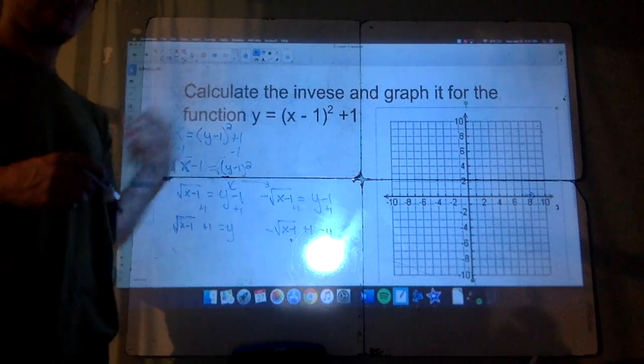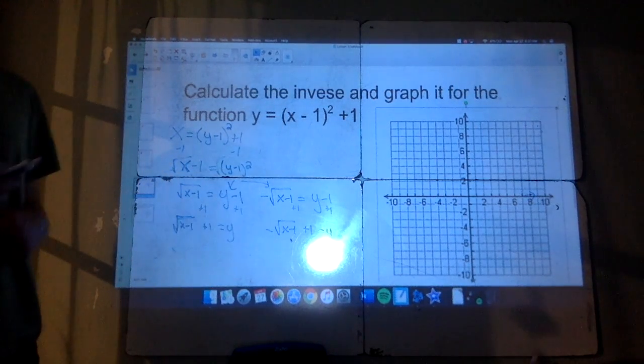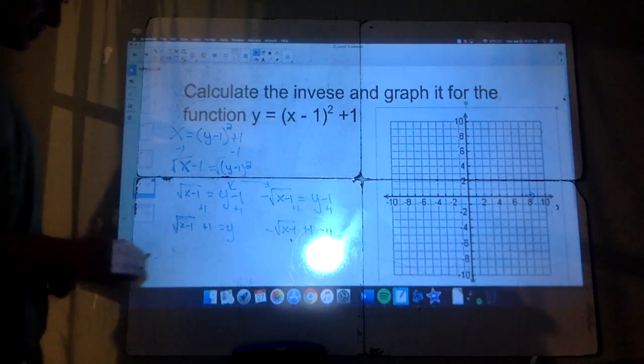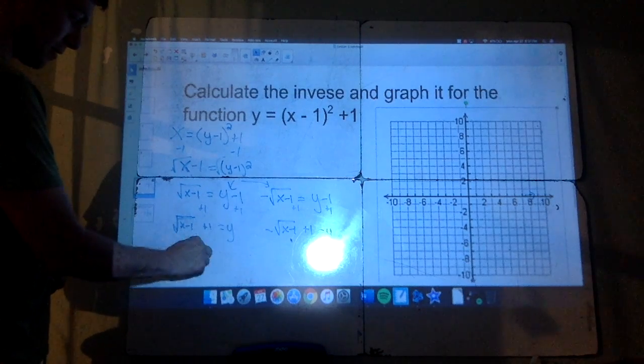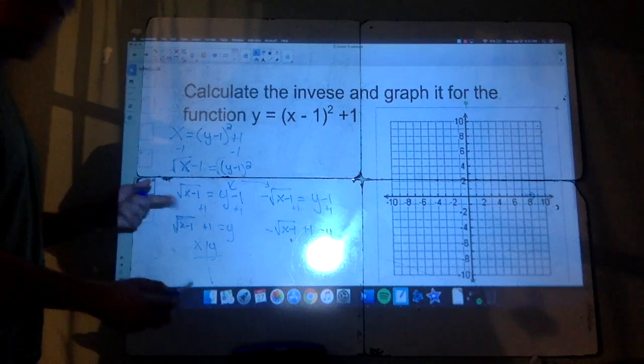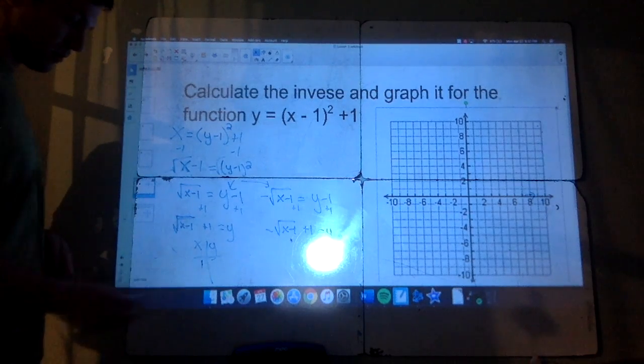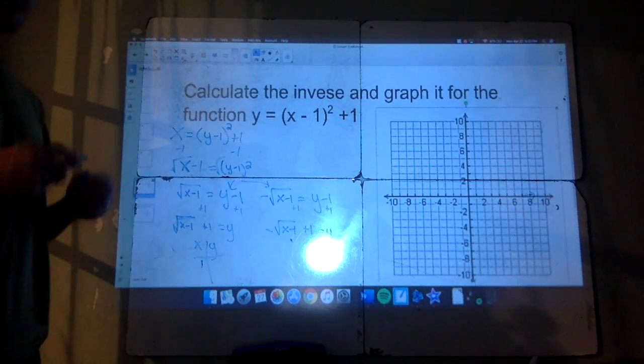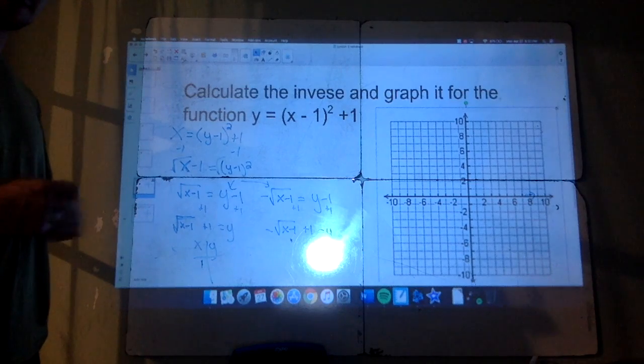I want you to make a table for both of these. And for both of these, your table is going to start at what number minus 1 is 0? Starts at 1. So try to graph those, and we can check our answers in a second.